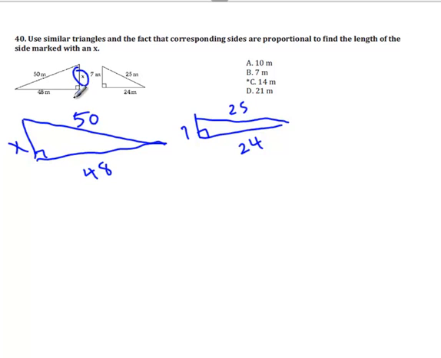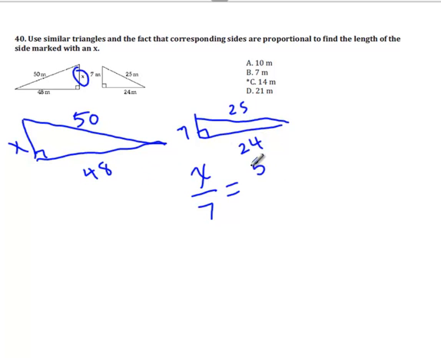Now, this is a right triangle, and you could use Pythagorean theorem if this is in fact a right triangle. But we don't want to do that because it's easier actually with these numbers to just go ahead and use ratio and proportions. So X is to 7. This short vertical side is to this vertical side 7. As you can go 50 over 25 or 48 over 24.